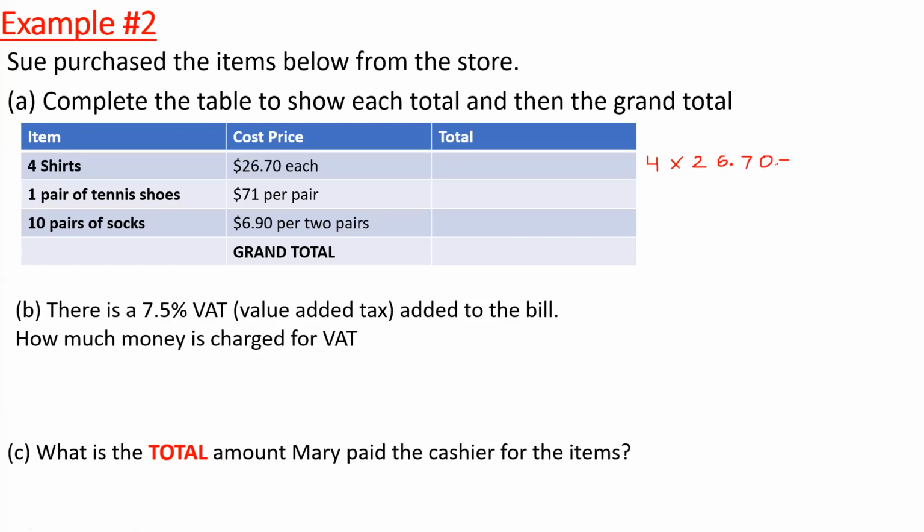I get 4 multiplied by 26.70, which is $106.80. And so that's the total.